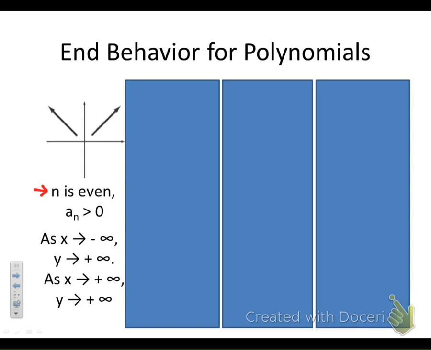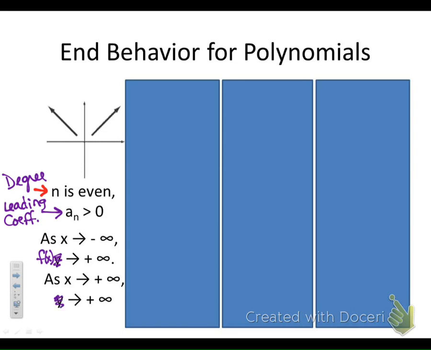So if I were to translate what I'm looking at, this n is if the degree of your polynomial is even, so if we're looking at a degree of 2, a degree of 4, a degree of 6, and if your leading coefficient is positive, then we can say the following end behavior.